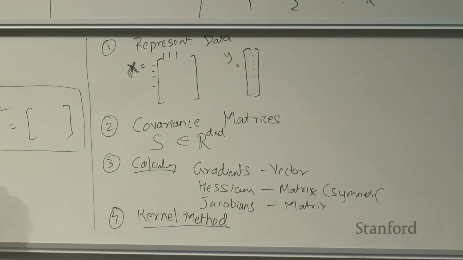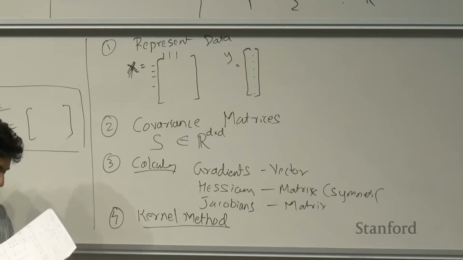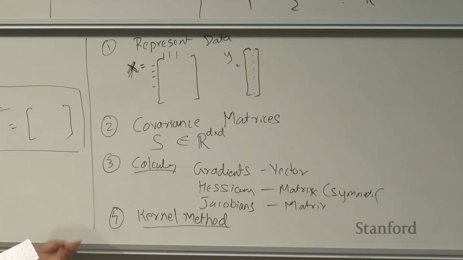Given a loss function, we need to minimize it, right? And we're going to use gradients and Hessians and so on there. So linear algebra is important, and it's very important that you are comfortable manipulating these concepts such as matrices and vectors, and multiplying them, taking inverses, etc.